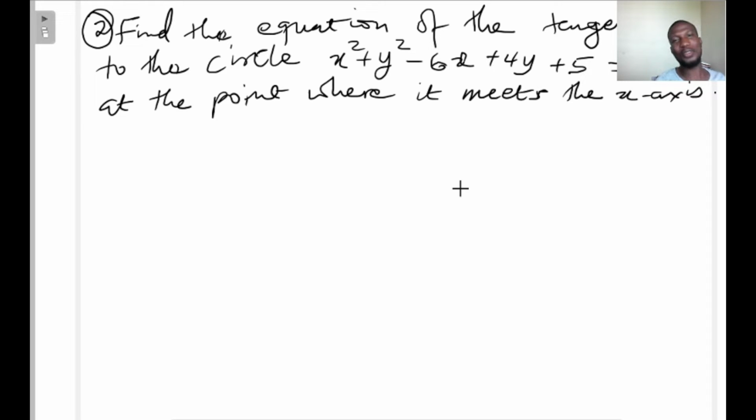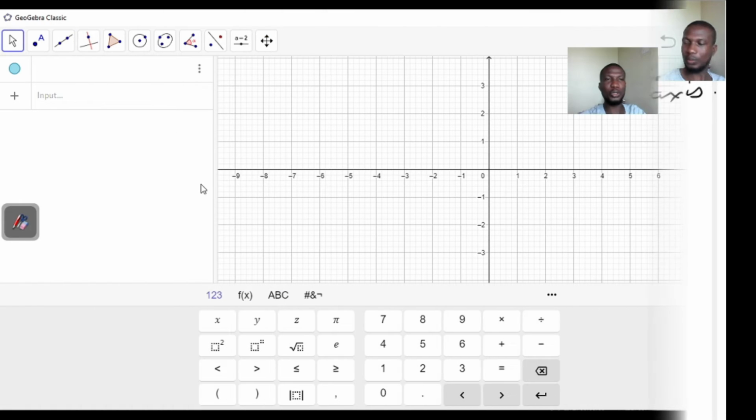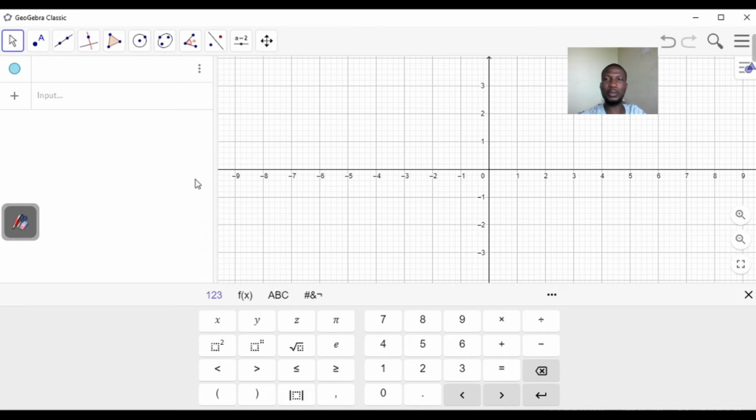So because of the nature of this question, I will demonstrate the circle meeting the x-axis using the GeoGebra app, after which we will come back to the main calculation again. Alright, so here we are in GeoGebra, and we are going to enter the equation of our circle. There you have our circle there.